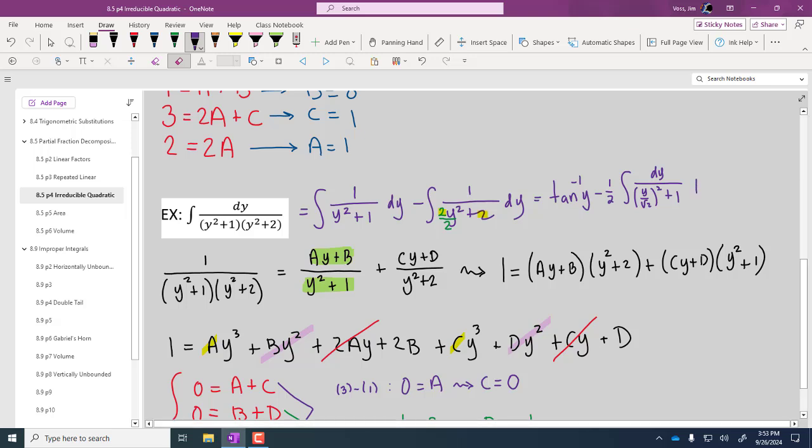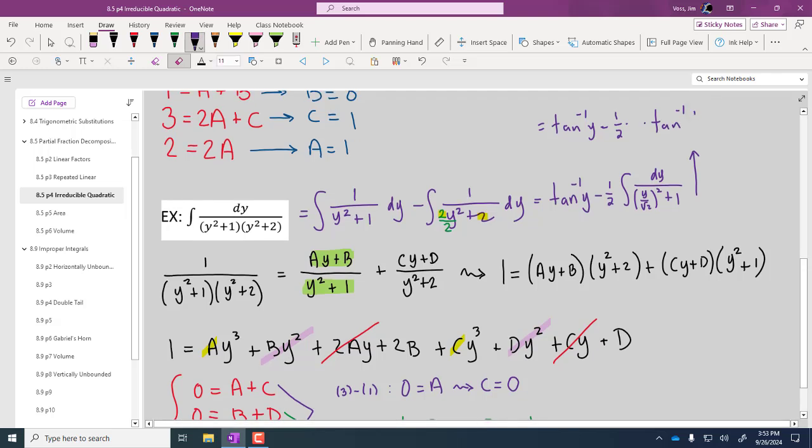So we're going to go up here. We're going to end up with arctan of y minus 1/2 for RCR arctangent of y divided by square root of 2 plus c.